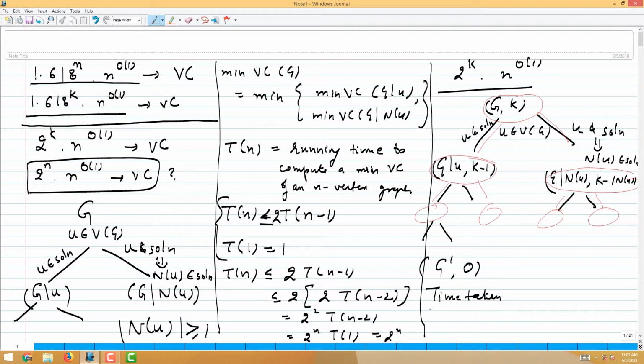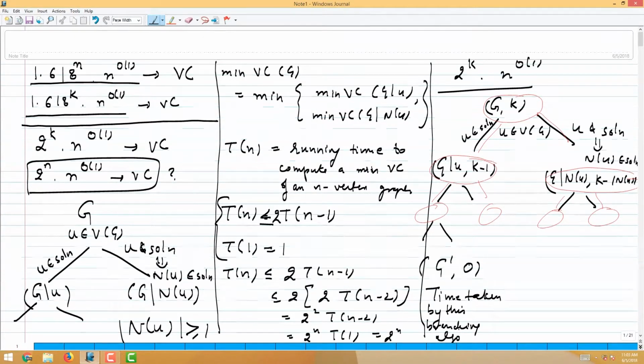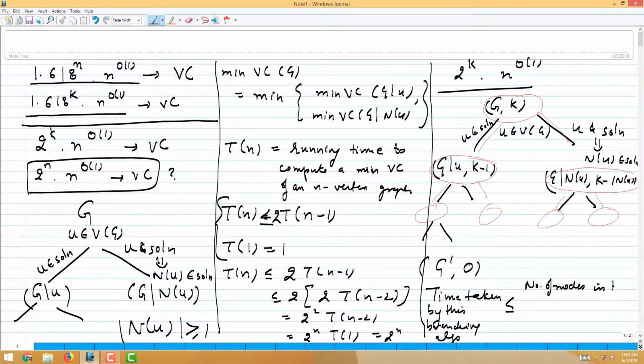Time taken by this branching algorithm is at most number of nodes in this branching tree times time taken at each node.